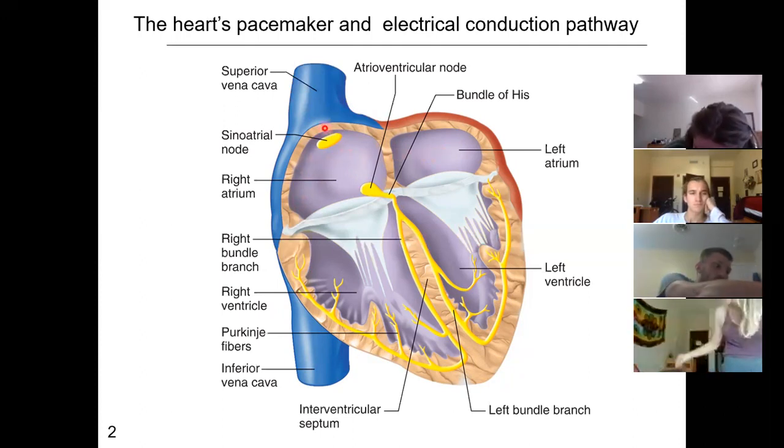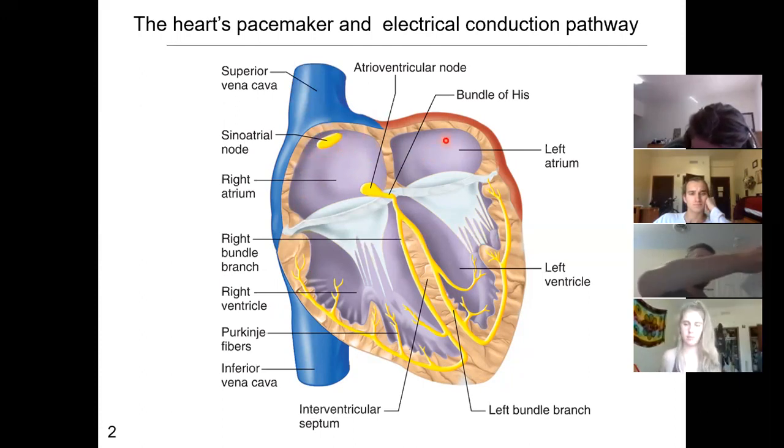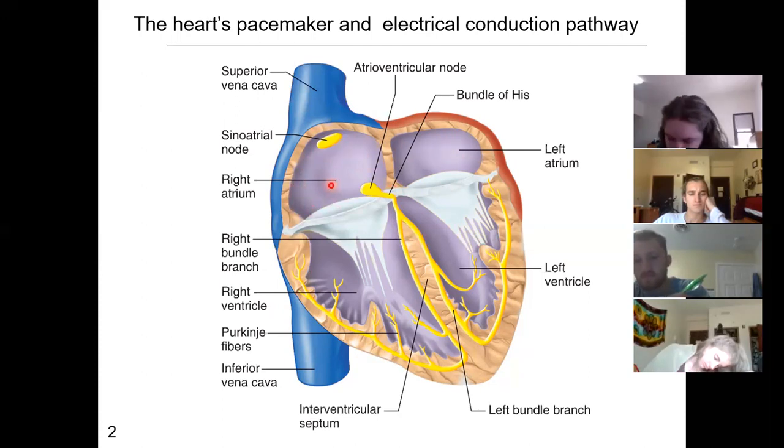So electrical signals in the sinoatrial node are transmitted throughout the rest of the heart because, remember, all the heart cells are connected to their neighbors at gap junctions, at the desmosomes.